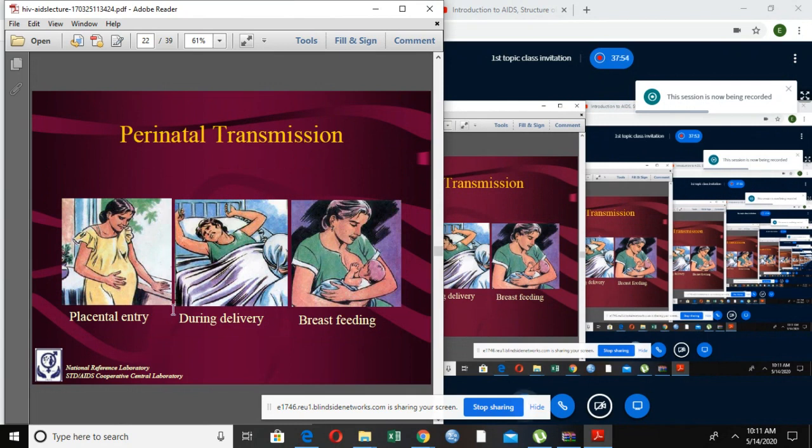Then we have during delivery, where the blood of the mother may mix with the blood of the baby, and by that, it may cause this transmission. Then we have breastfeeding.